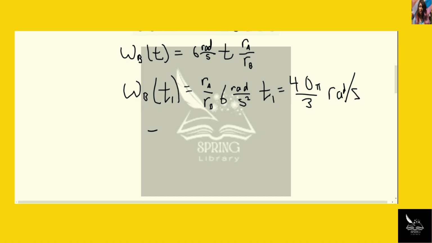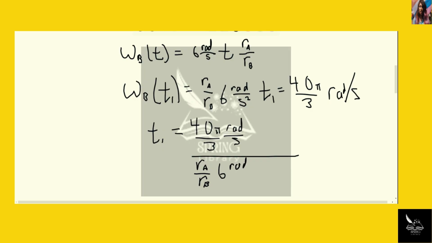So solving that for t1, we have t1 equals 40 pi over 3 radians per second divided by RA divided by RB times 6 radians per second squared.